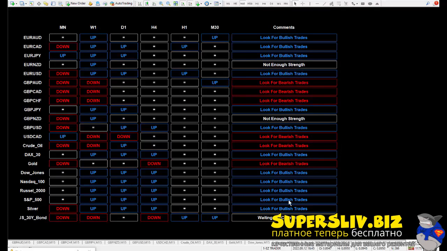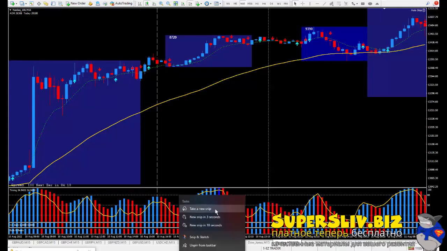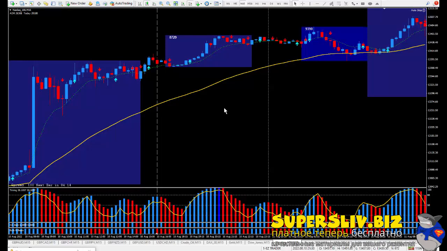But what I do many times, I take a snapshot, a screenshot using this Snip and sketch. Just right click on it, take a new snip. Now I take a screenshot of the daily trade plan EA just prior to my trading.